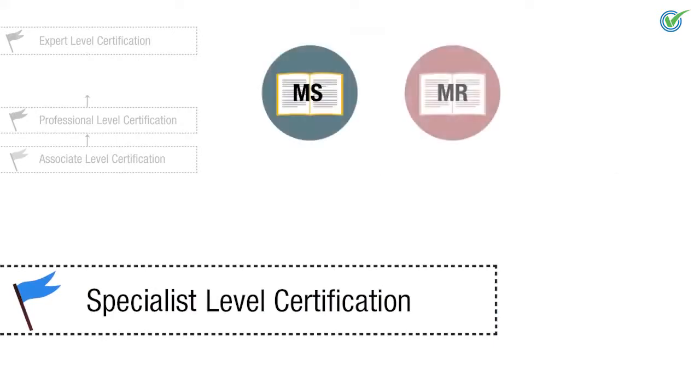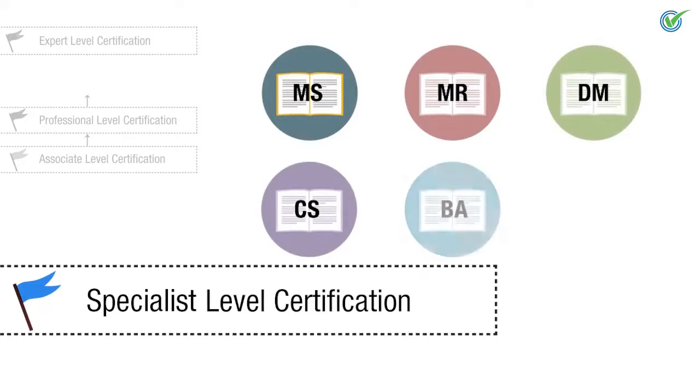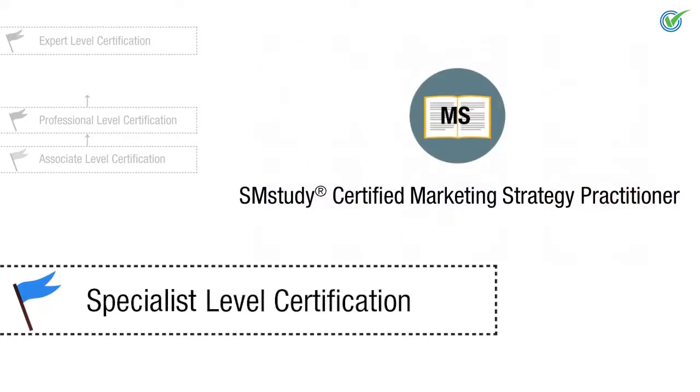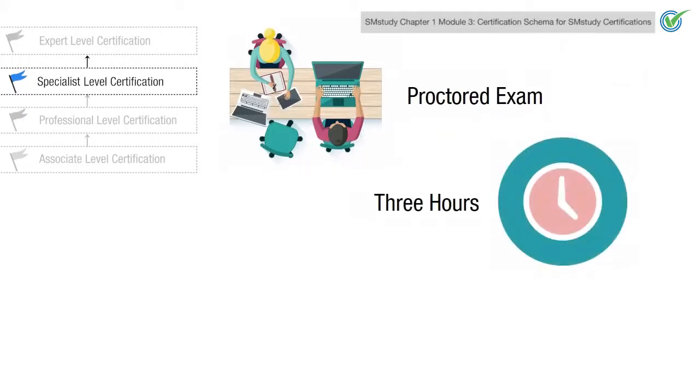Specialist level certifications. All aspects of sales and marketing have an associated specialist level certification, such as SMstudy Certified Marketing Strategy Specialist. The certification exams are proctored, and candidates have 3 hours to complete each exam.